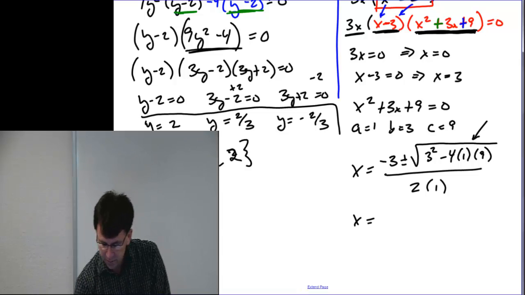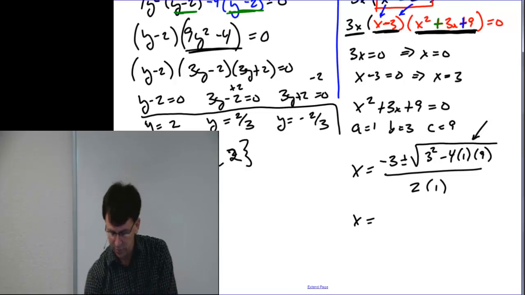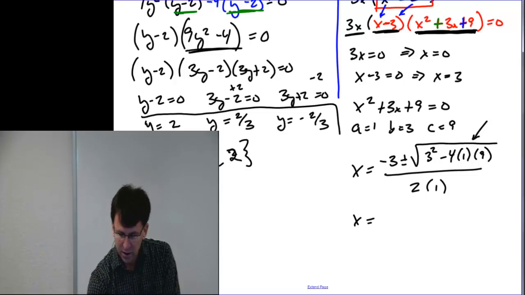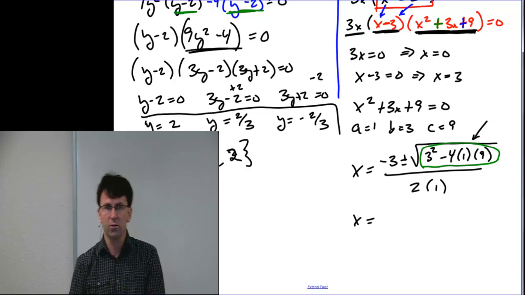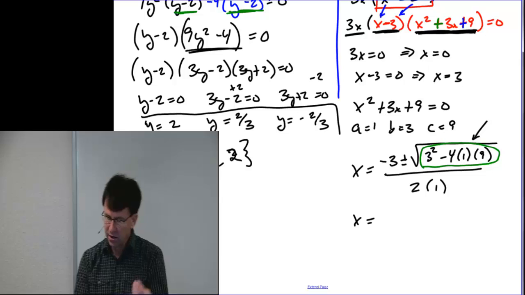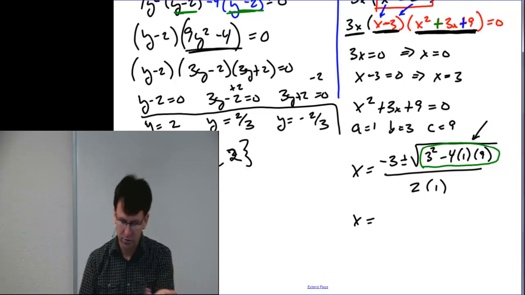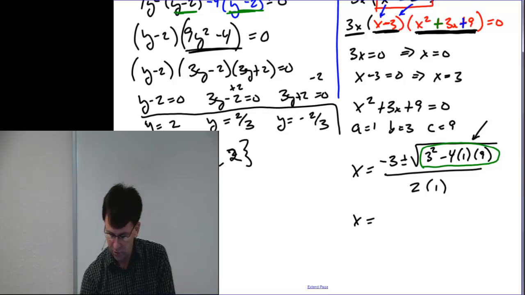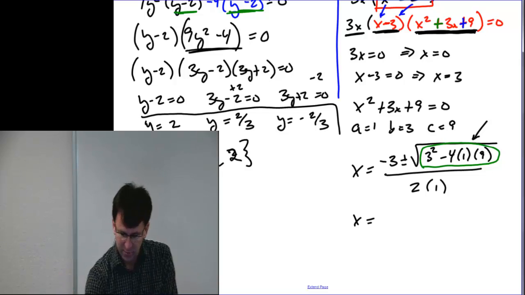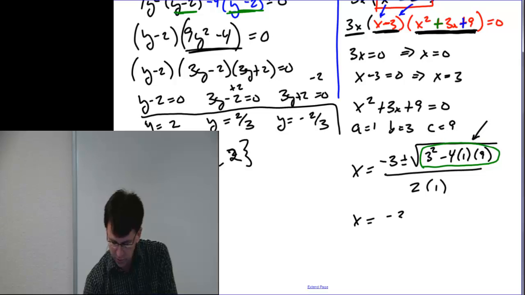Now it's just a matter of running with it. I'm expecting that my discriminant, the b squared minus 4ac, otherwise known as this right here, is not going to come out to be one of those really cool numbers that we've talked about in the past, because otherwise it would have factored. So I'm expecting either an irrational answer or an imaginary answer, and looking at this, I've got a feeling I'm going to get an imaginary answer out of this, which is okay.